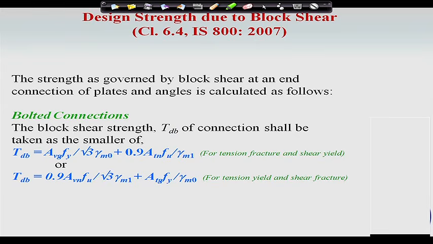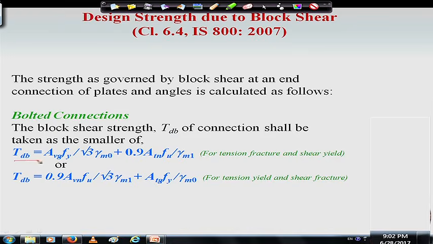And another factor we have to consider is block shear. So, the strength as governed by block shear at the end connection of plates is this, that is TDB is equal to AVG Fy by root 3 gamma m0 plus 0.9 ATN Fu by gamma m1, or TDB is equal to 0.9 AVN Fu by root 3 gamma m1 plus ATG Fy by gamma m0.